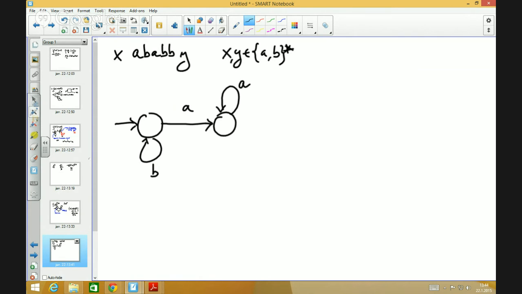So what if you see a B? You go to another state, because this B actually could be the second letter in the pattern I'm looking for. Okay, this state means, let me write AB inside, because it means I last saw AB. The last two things I saw were an A followed by a B.